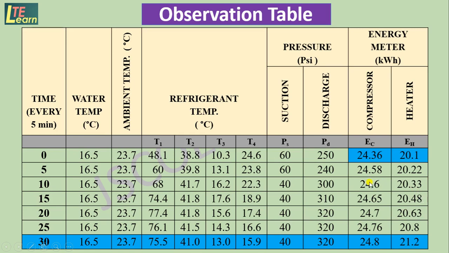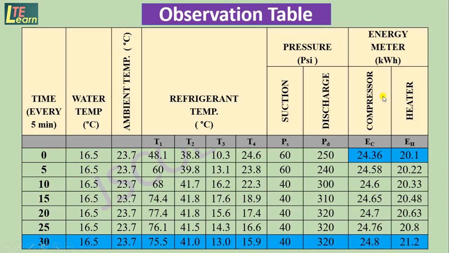Now in this case we take this last row for the calculation purpose. We need to plot the vapor compression cycle for temperatures T1, T2, T3 and T4. These 4 values we use to locate the 4 points of the VCC.